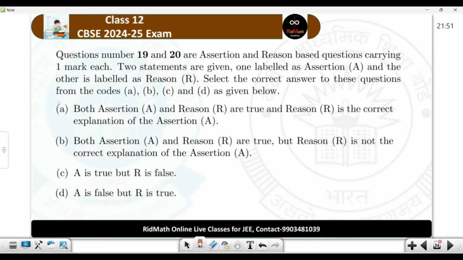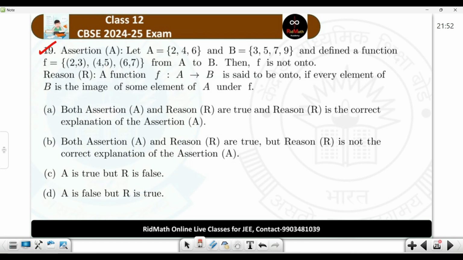Question number 19 and 20, assertion reason based questions. Question number 19, assertion A: let A equal to {2, 4, 6} and B equal to {3, 5, 7, 9}, and define a function f from A to B as f(2)=3, f(4)=5, f(6)=7. Then f is not onto. So check the truth or falsity.